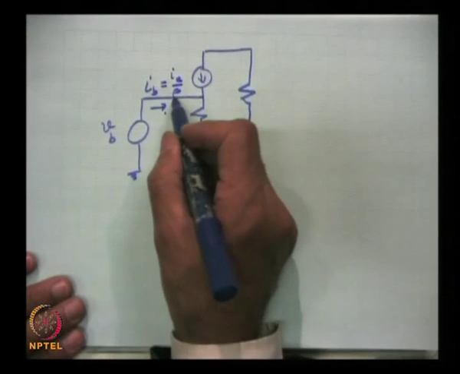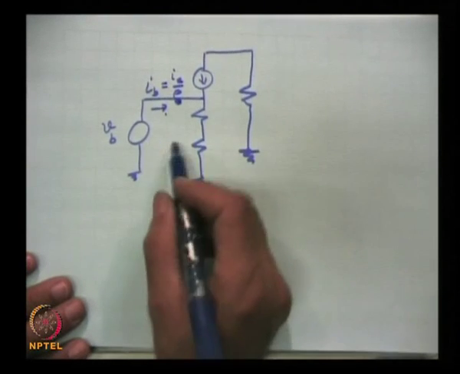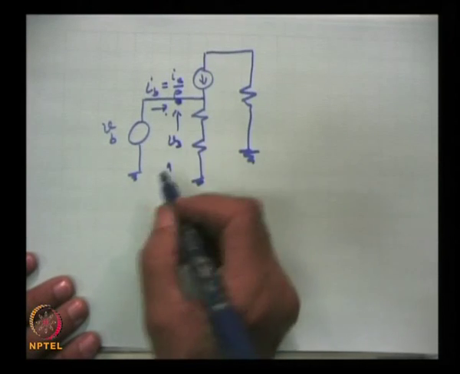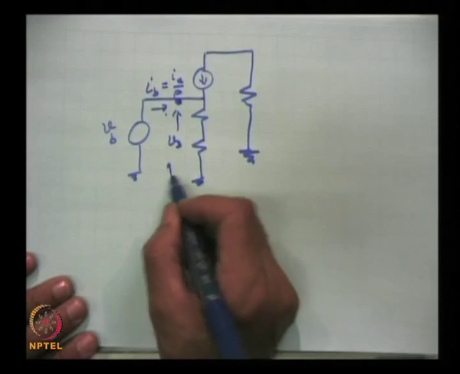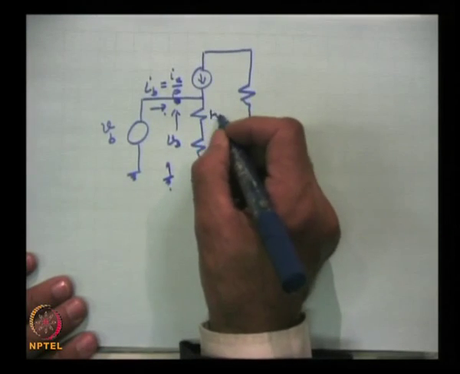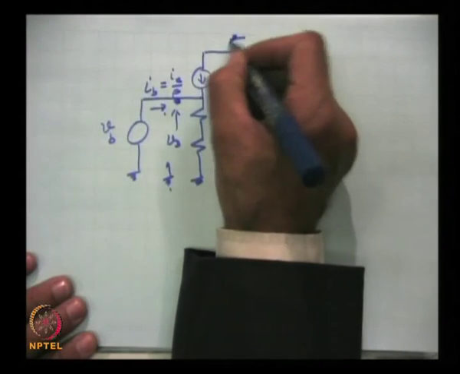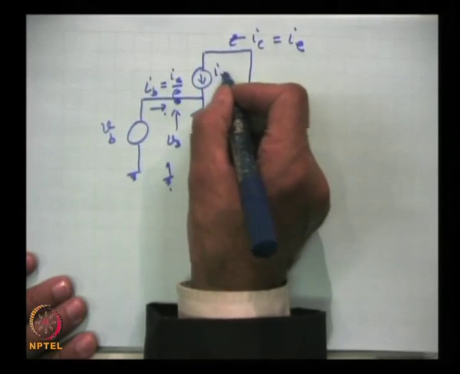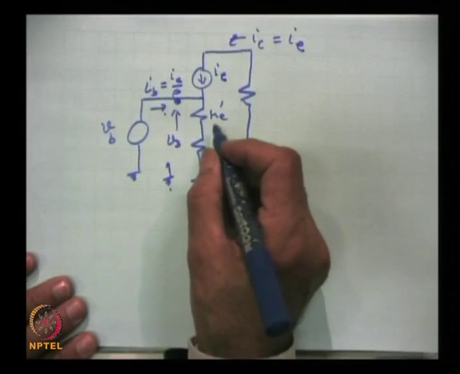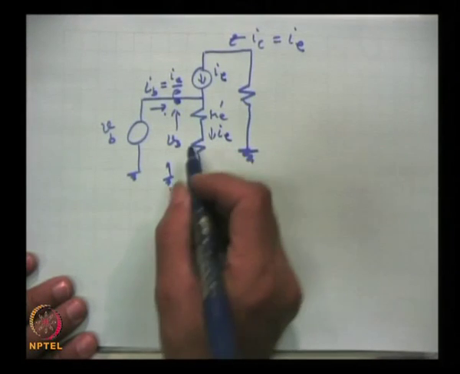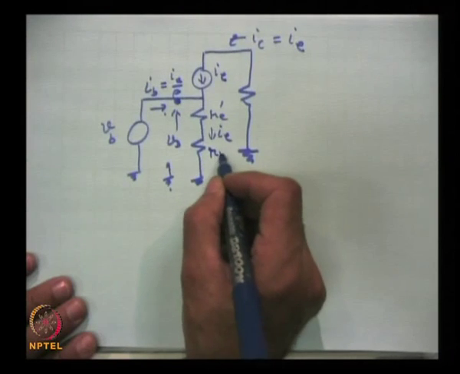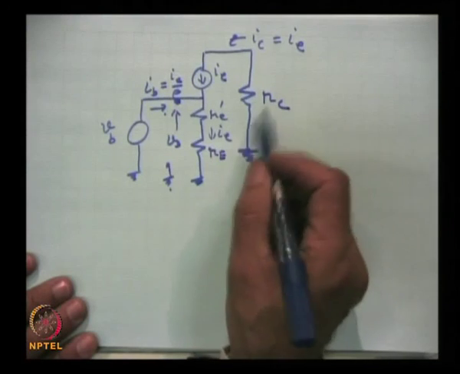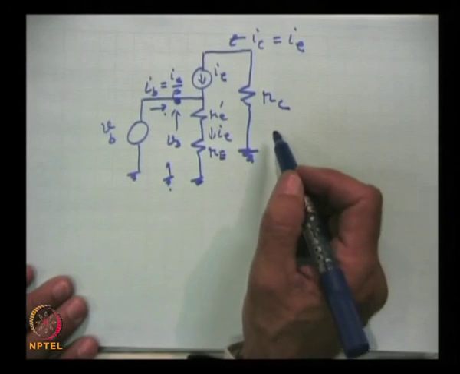This is the current, and this is the voltage V B. This is R E prime, this is the current I C, which is equal to I E, and this is current I E in the model, and this flows I E through this resistance, which is R E. This is R C. So, these are all effective AC resistances with the leads.